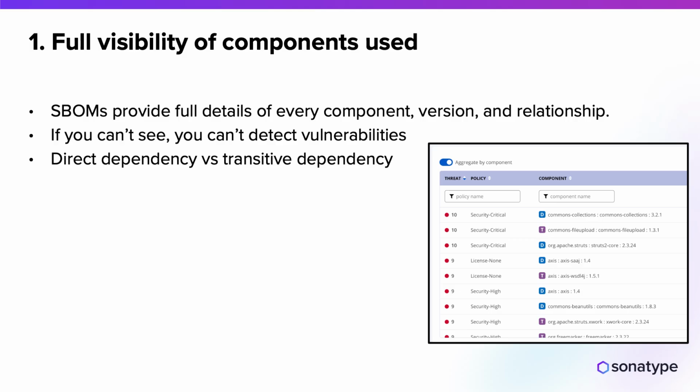If you cannot see the list of components, that means you cannot detect. Because if you're not able to scan out the full components, you're not able to check the database on whether a component is good or bad. So SBOM provides you the full visibility of that. And as mentioned about dependency, there is a difference between direct dependency and transitive dependency.